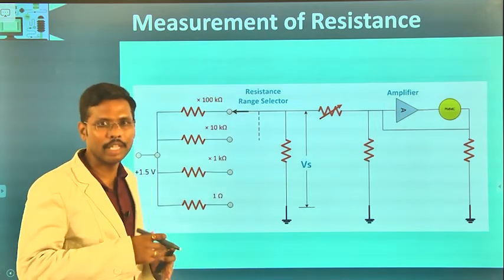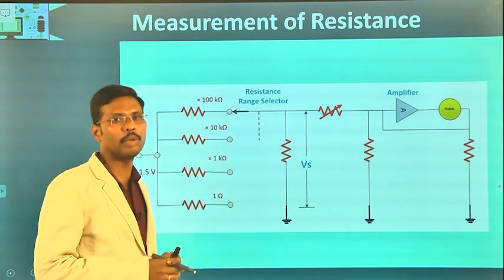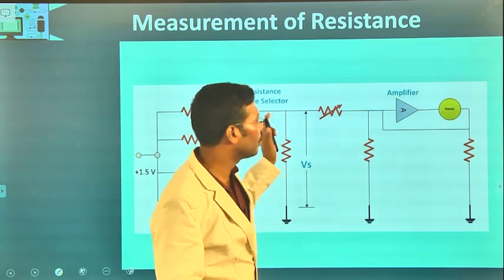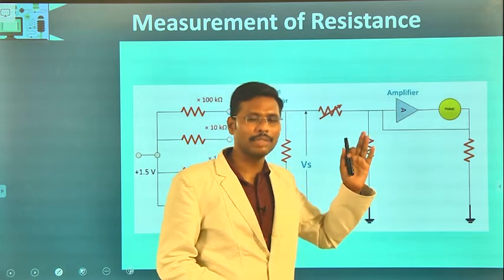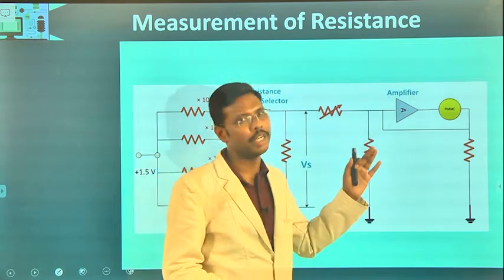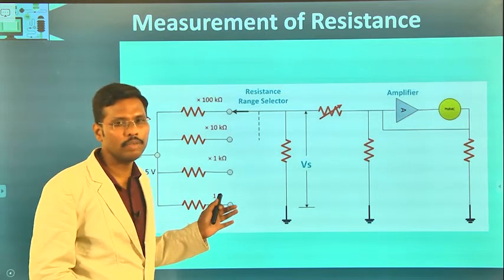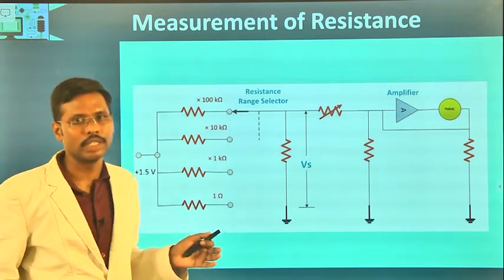So, to enable them to drive the slider of the PMMC, we will be amplifying the signals. The amplified signal will be able to drive the PMMC slider and the measurement can be displayed. In this way, by using this digital multimeter circuit, we can measure the unknown resistance.